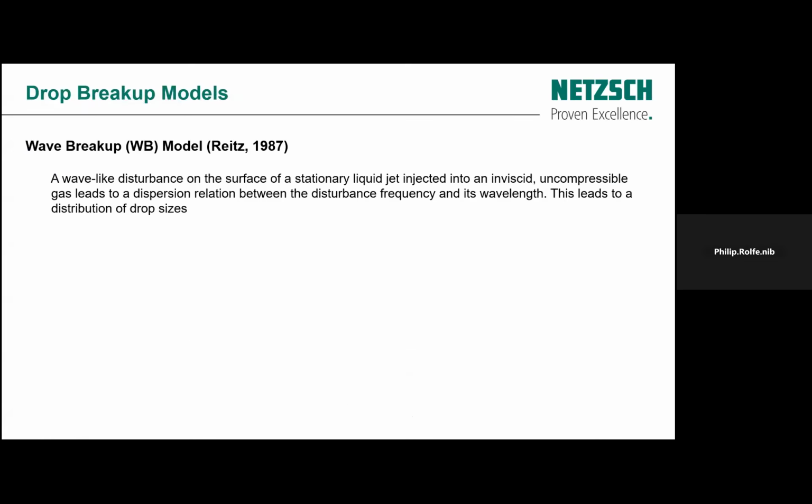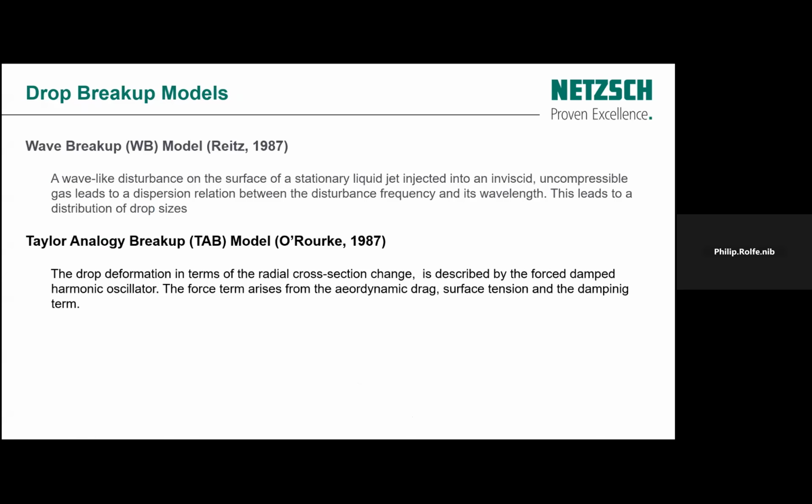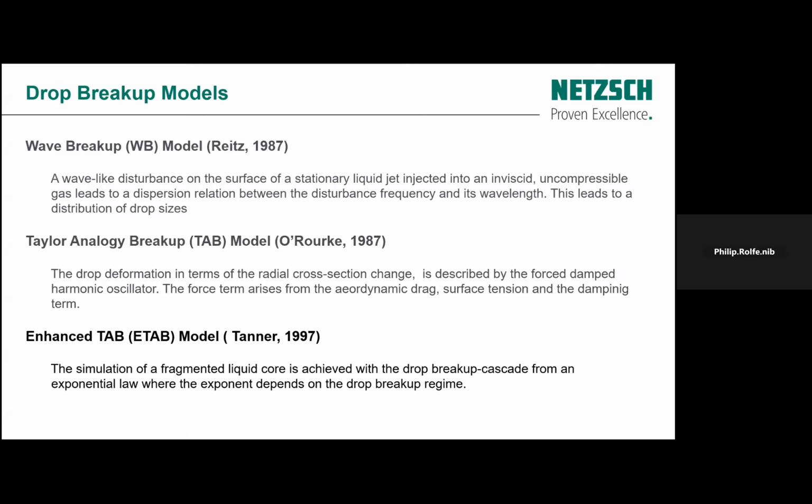There's quite a few different droplet breakup models, and I will barely touch the surface of this. There's been so much research on it, but the common ones used are RATES, which is the wave breakup model. Also the Taylor analogy breakup TAB model by O'Rourke in 1987. And then there was an enhanced TAB model by Tanner in 1997. So you can look at these.